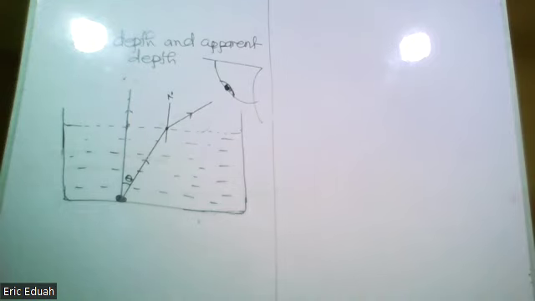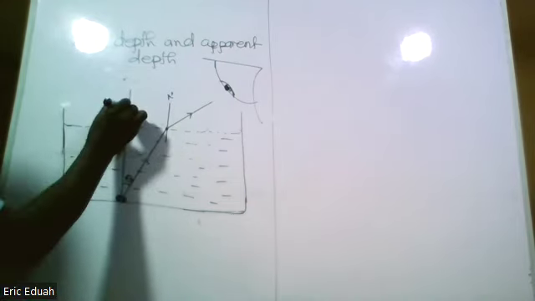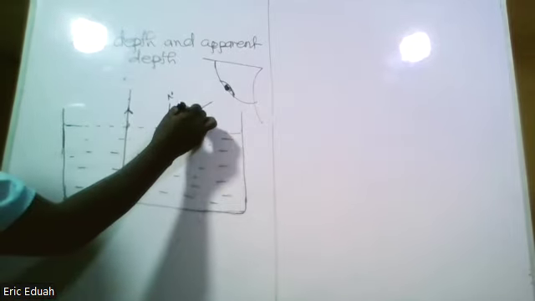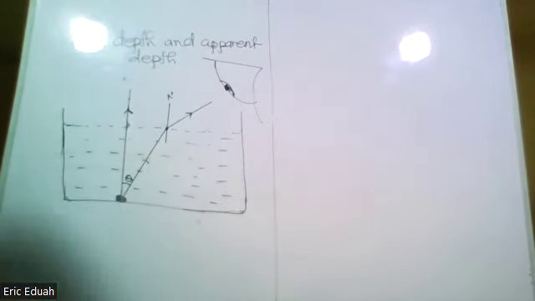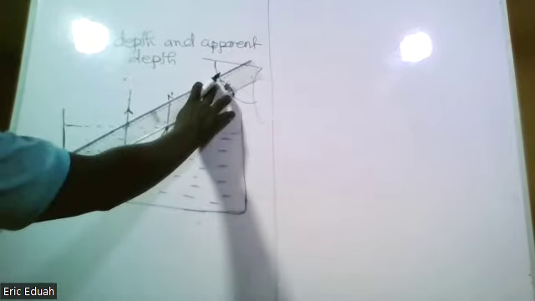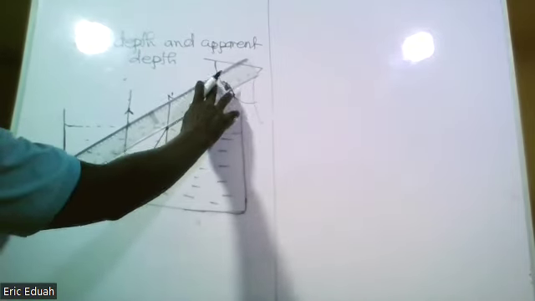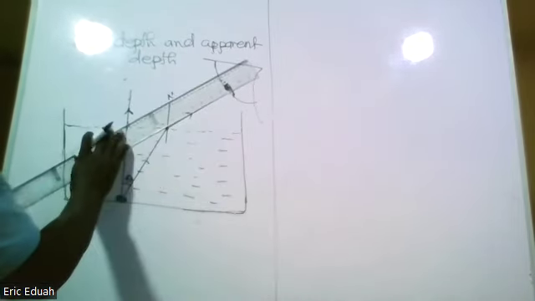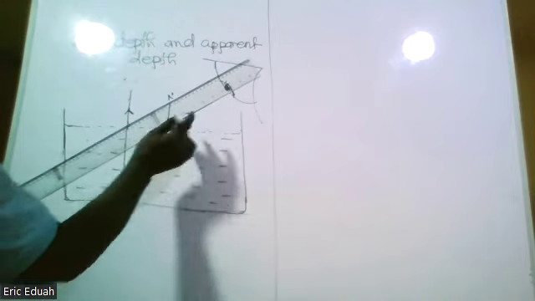Now look at these two refracted rays. This one, and this one. There's no way they'll ever meet in front here. So to form the image, this refracted ray is extended backwards, prolonged.